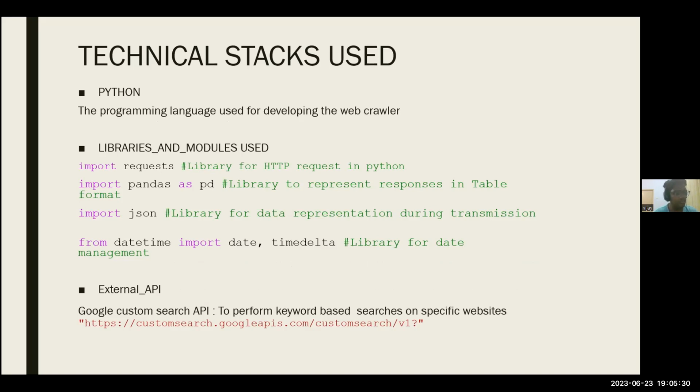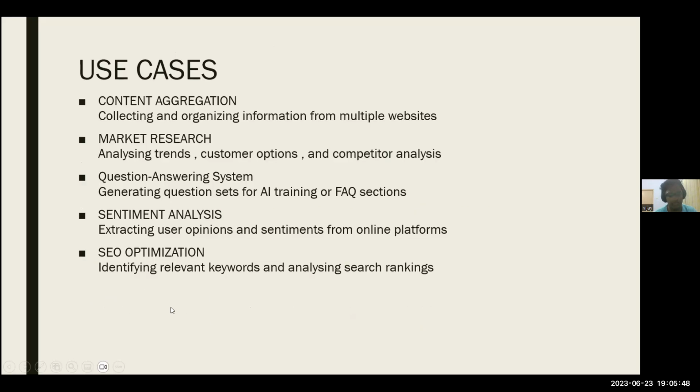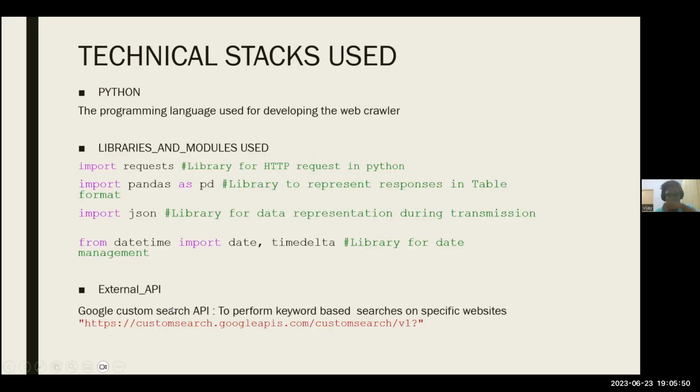JSON helps for representing the output which we have got, and for this we will need to create a custom Google search. For the custom Google search, which is the URL given here, we have to add an external API, which we have to create.